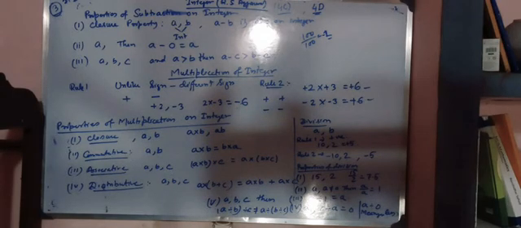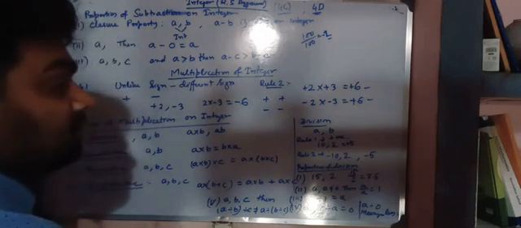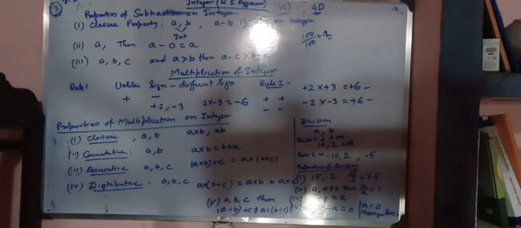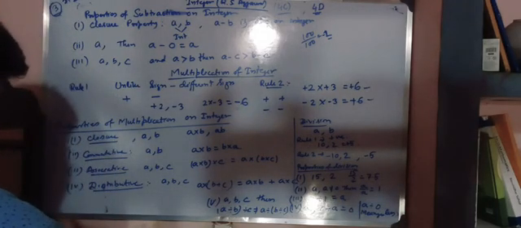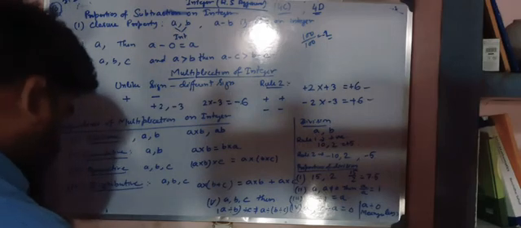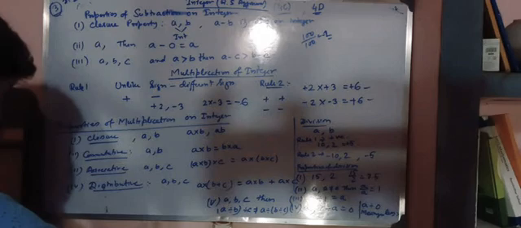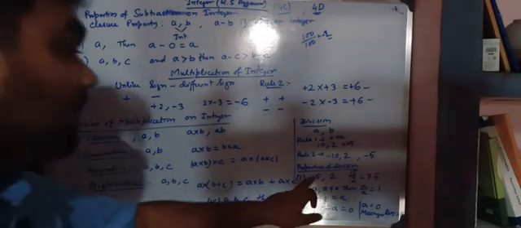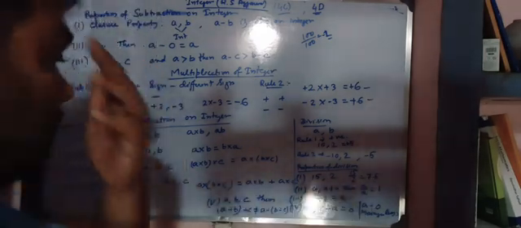Understood? Division is not commutative. Division is not associative, not commutative. And it is not closed either, because when we divide, we may get a number that is not an integer. Not closure.